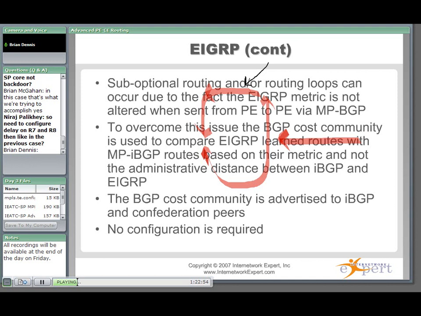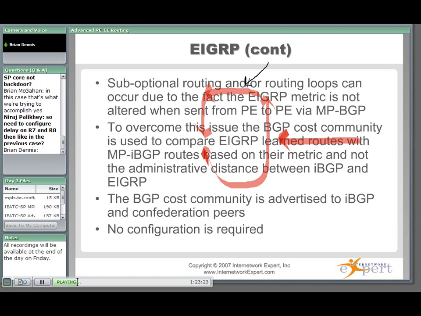All right, and this is why when we change the metric on the backdoor link, the route installed in the routing table on the PE routers was a BGP route. So the EIGRP route was gone, and now it was a BGP route. So we saw that earlier. Before, R6 had an EIGRP route to R7 to get to R8 to get to R7's loopback.